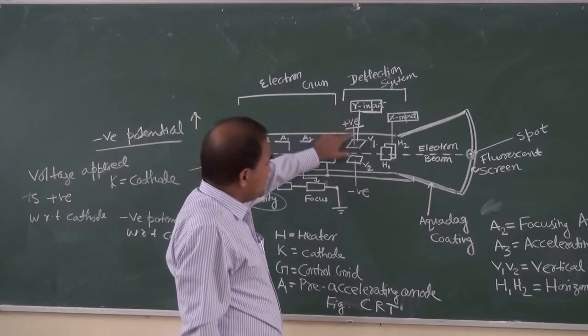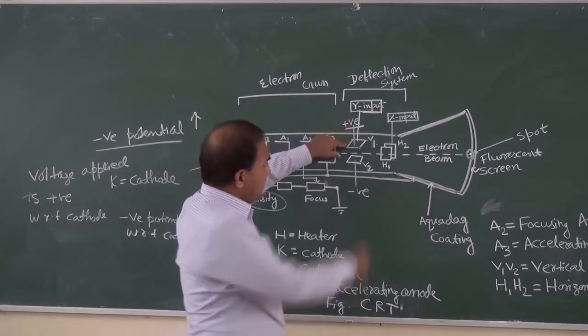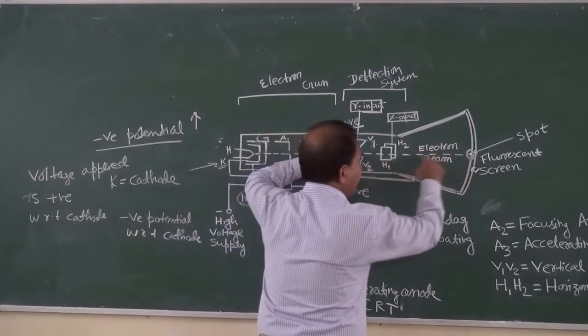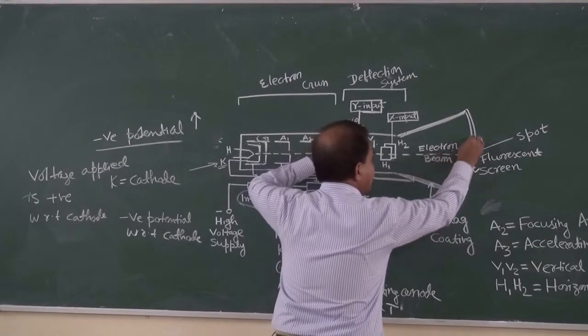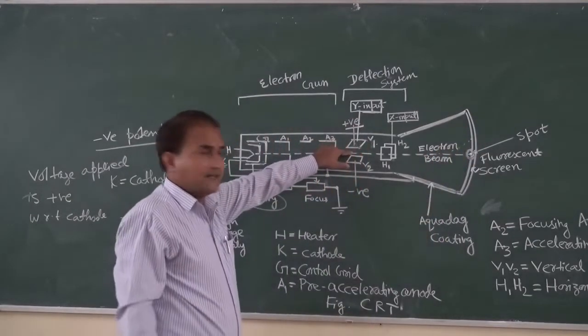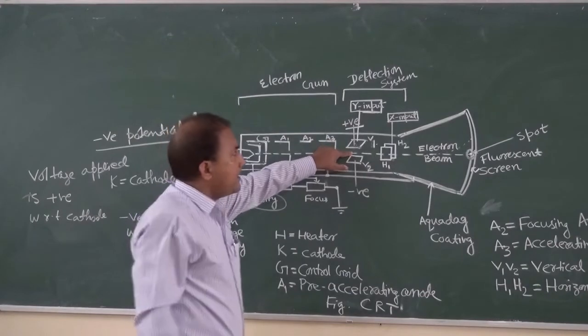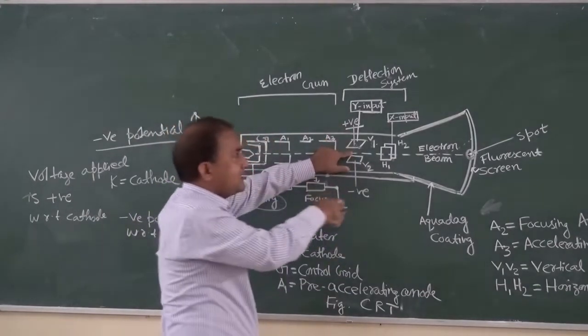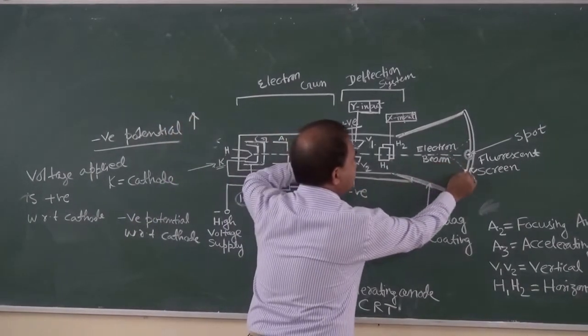The electrons will move like this in this case. Now if it is reversed, then the electrons will move like this at this point.